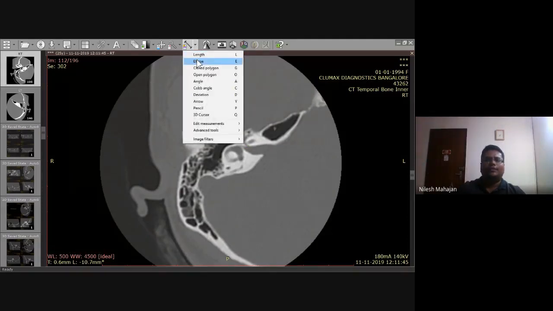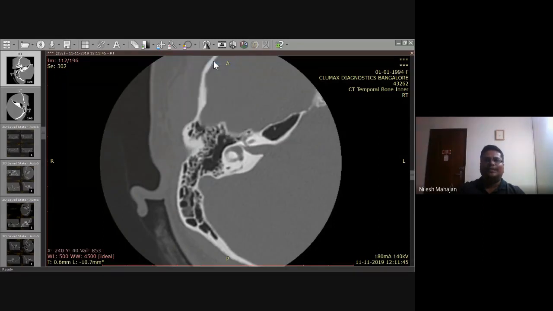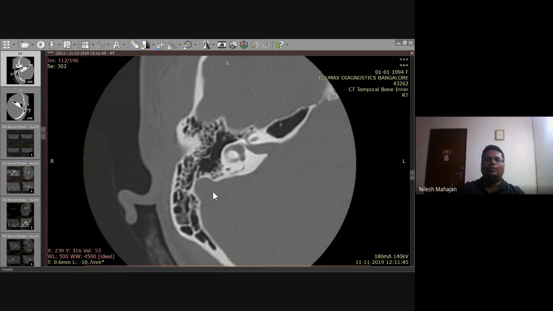Then another function comes here, it's ellipse. This ellipse is mainly used to see the Hounsfield unit of a particular soft tissue. So if you draw an ellipse, suppose now this is air, if you draw an ellipse in the air, whatever mean value comes, this minus 939 is the Hounsfield unit of this particular tissue in the HRCT temporal bone. Now as we know, air has a Hounsfield unit of minus 1000, so it is showing correctly here.